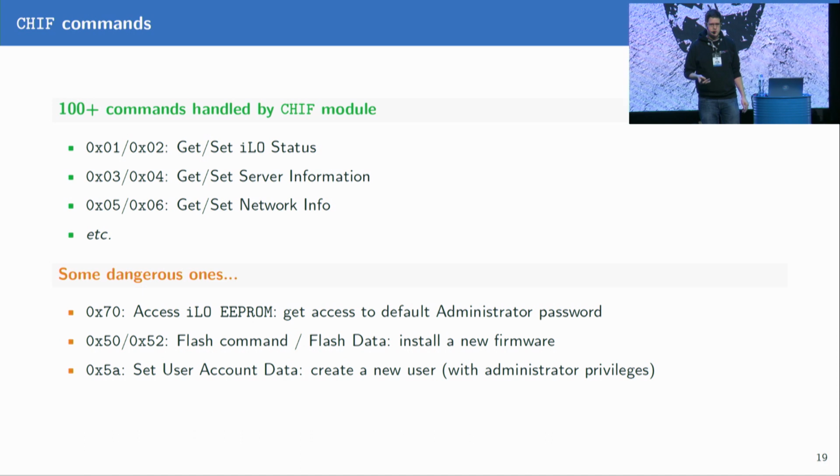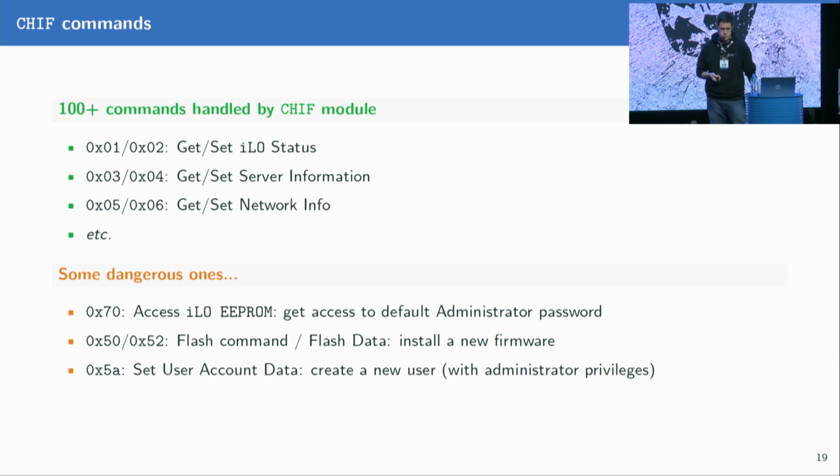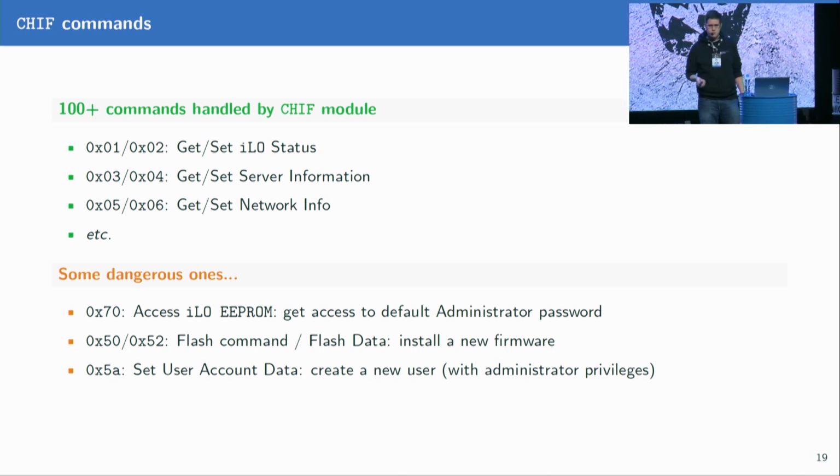About the commands handled by CHIF, we have more than 100 commands. Some are simple commands, such as getting and setting configuration settings, the network configuration of the ILO, the server information, etc. And some are more dangerous. For example, command 70 allows reading the ILO EEPROM, containing all the factory settings of the ILO, which includes the default administrator password.